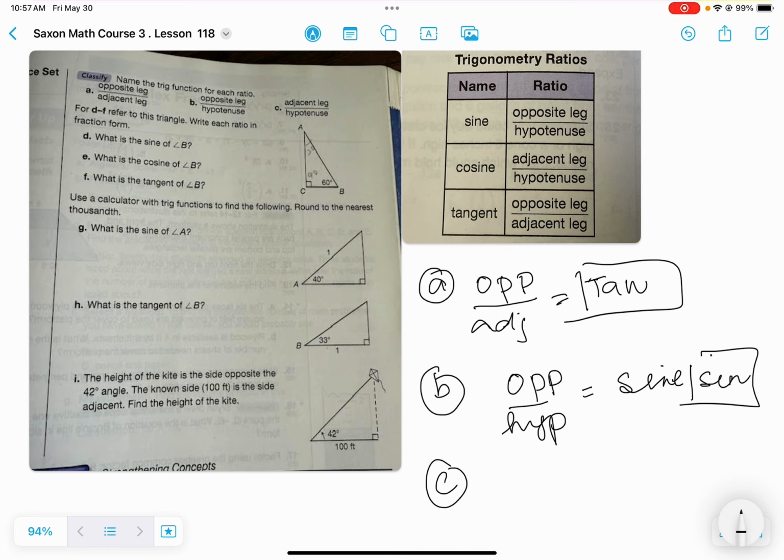C. Adjacent by hypotenuse, HYP, is nothing but your cos. That's your C.